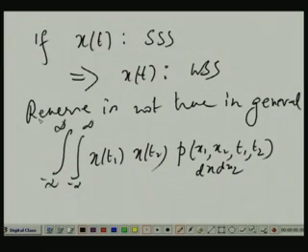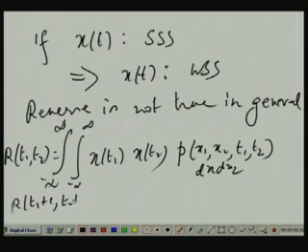This will give you the correlation R t1 comma t2. And what is R at t1 plus c, t2 plus c?